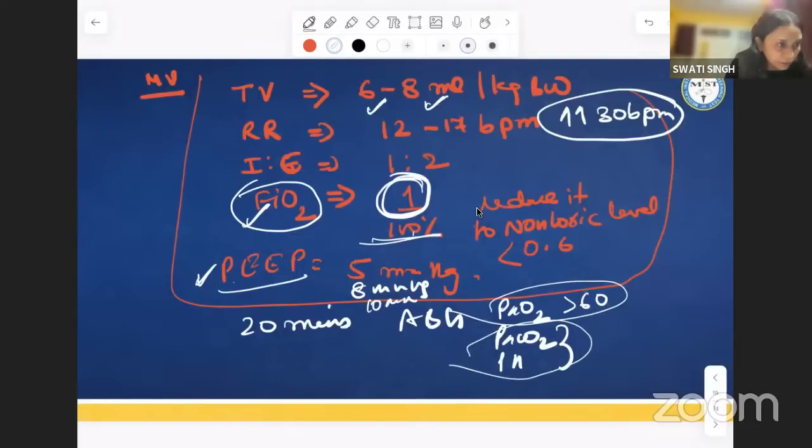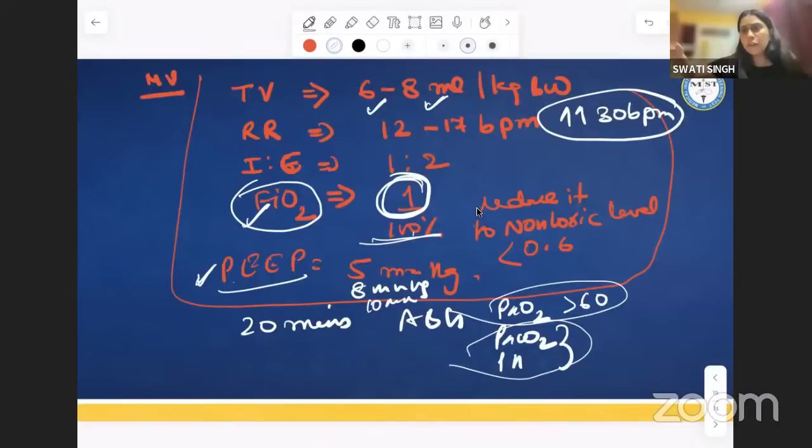Any doubt? I think I tried to explain. Yen, have you understood now? It's not confusing. It's mathematics. If oxygenation is a problem, increase FiO2 or PEEP. If ventilation is a problem, increase respiratory rate or tidal volume. When you are increasing FiO2 or PEEP, you see which is more, which is less.